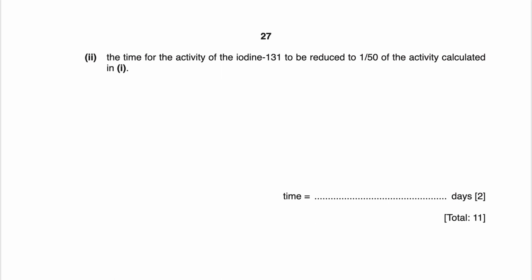Do we have one more part? Yes. Find the time for the activity of the iodine-131 to be reduced to 1/5 of the activity calculated in part 1. Now we are talking about a ratio. This also we have as an established formula in the book: N divided by N naught equals e to the power minus lambda t.